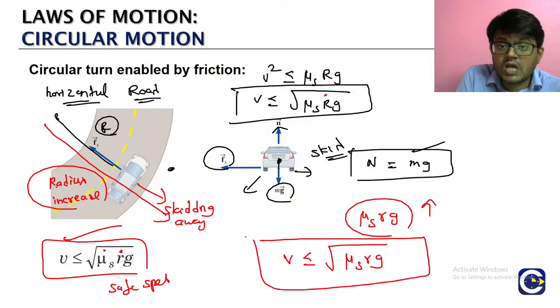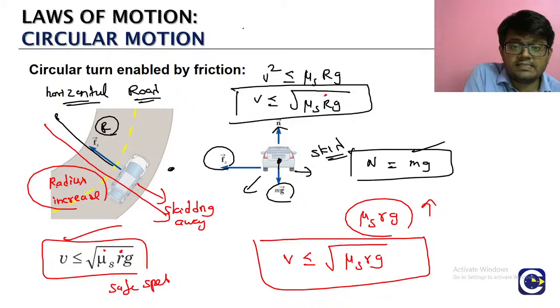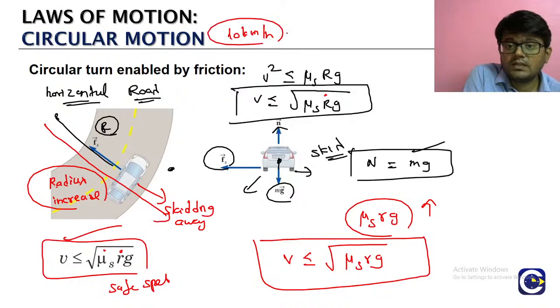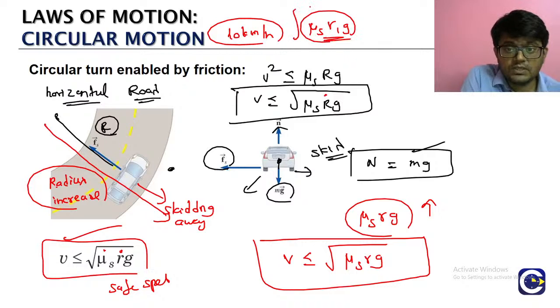So skidding will stop when the velocity again satisfies the condition. Initially we have the velocity as, say for example, 40 km per hour. In this case, the root mu s into r1g is not sufficient.